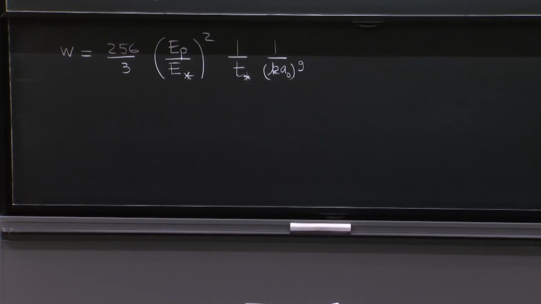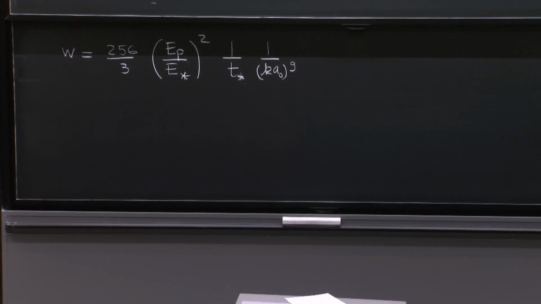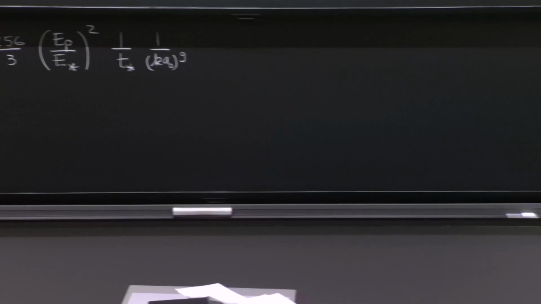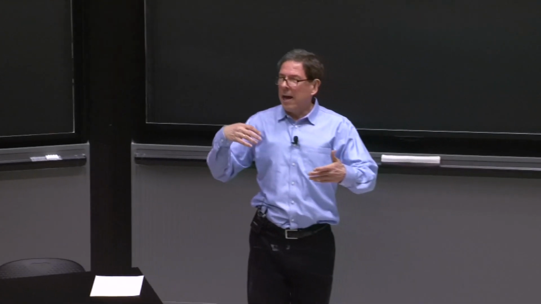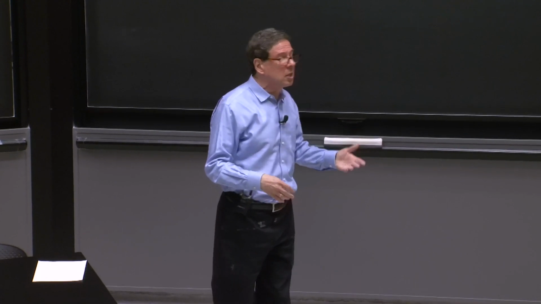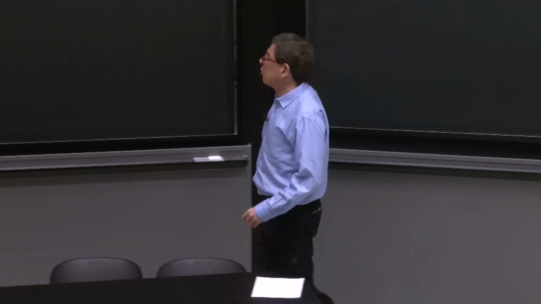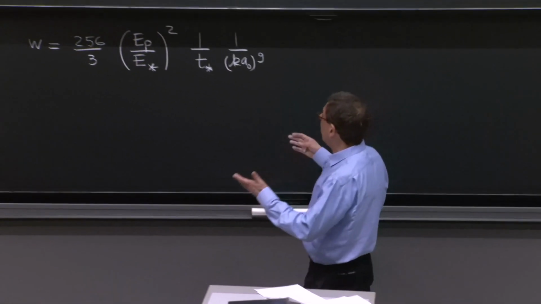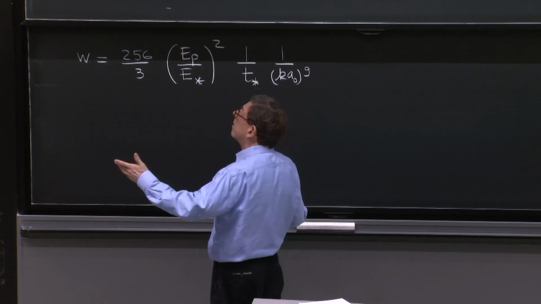I think it's important to notice as well that you could say, okay, so how did the photon energy or photon frequency affect this result? Well, actually, the photon omega doesn't seem to be anywhere here.